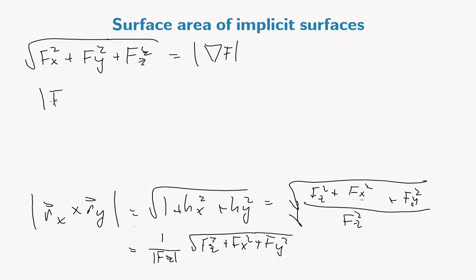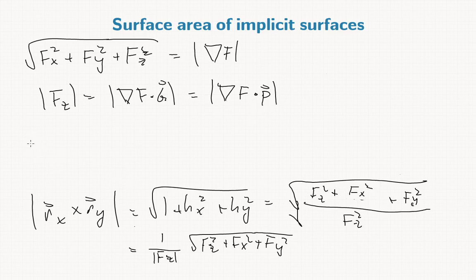And similarly, the magnitude of fz is the magnitude of gradient of f dot k. And in general, we could put del f dot p here, using a general unit vector p instead.